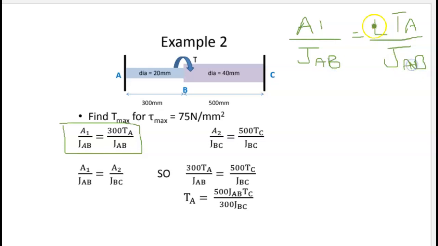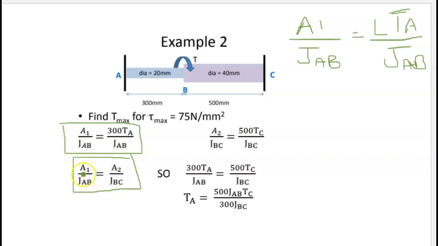Where L is the length, TA is the torque at A, JAB is the second moment of inertia, J. We have the same for the other one. Now we know this is theta 1 and this is theta 2, the angle of twist.